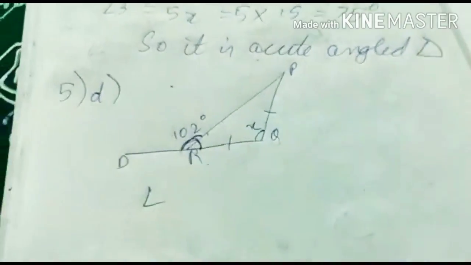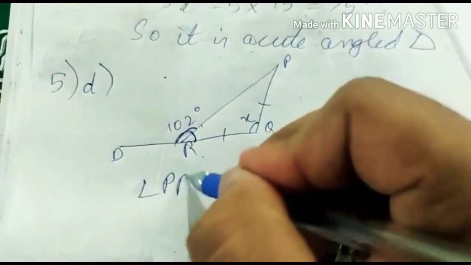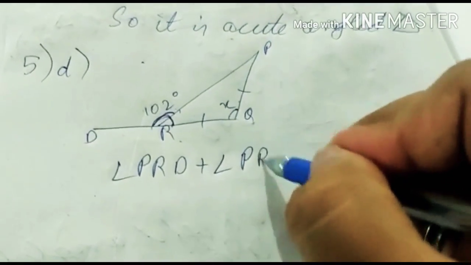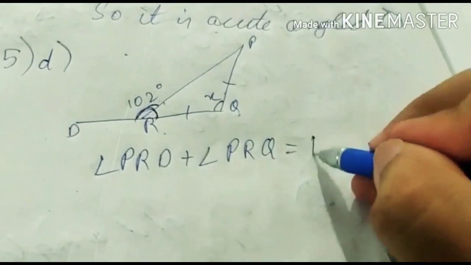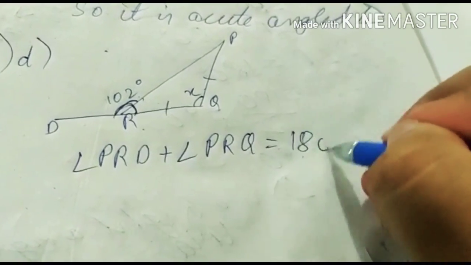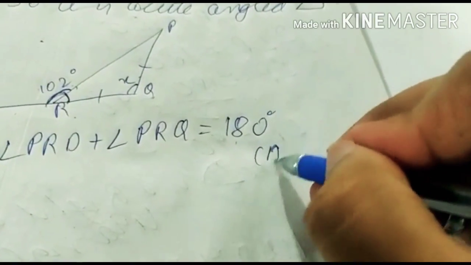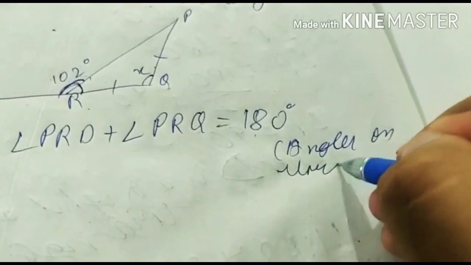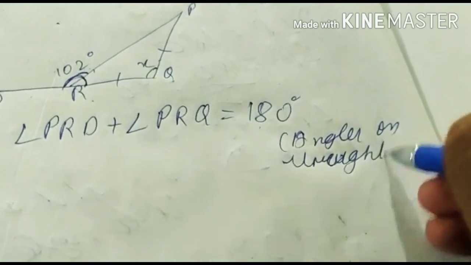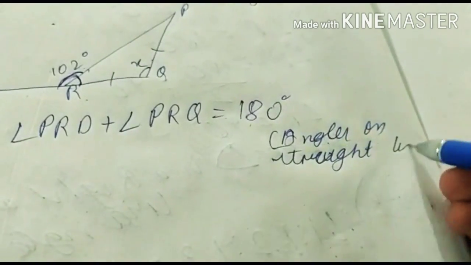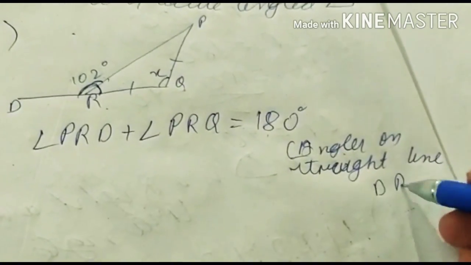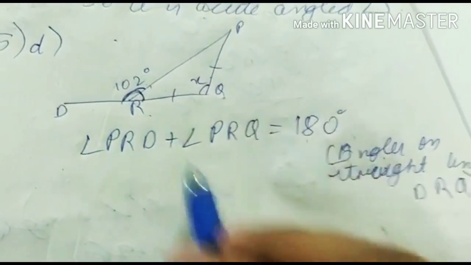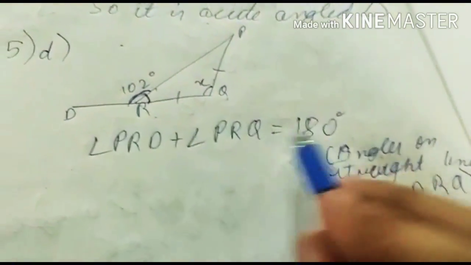So angle PRD plus angle PRQ is equal to 180 degrees. How? Angles on a straight line DRQ. This DRQ is a straight line. On this straight line, two angles are being formed.